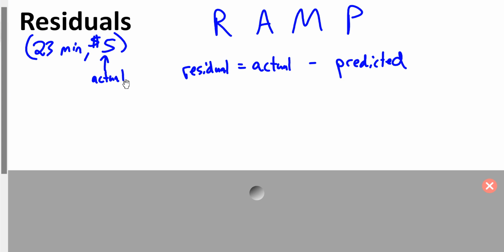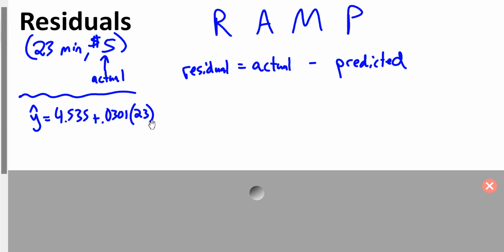Now to find the residual, we'd have to find our predicted. So I'm going to plug in 4.535 plus 0.0301, and we want to plug in 23 minutes, and that'll give us the predicted amount, which is $5.23, I believe. Now, if you actually put in more decimal places to make it a little more accurate, it's like 5.2273.